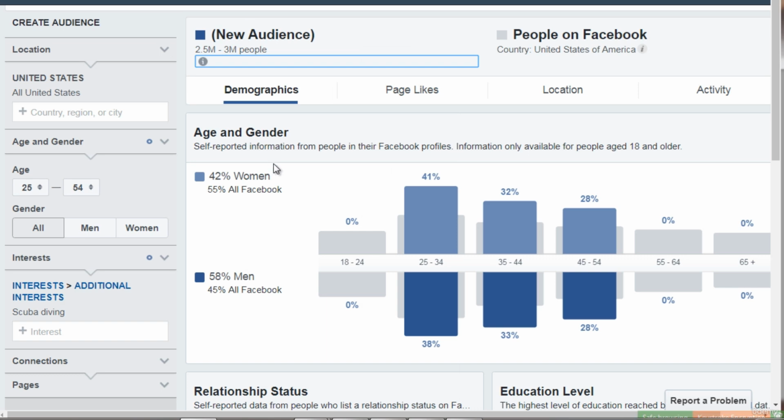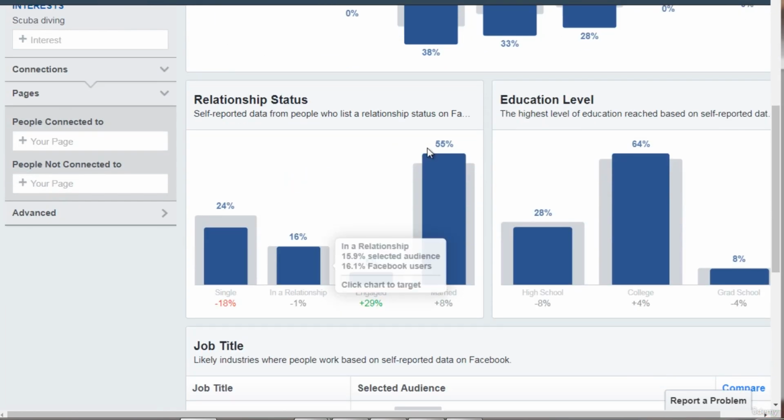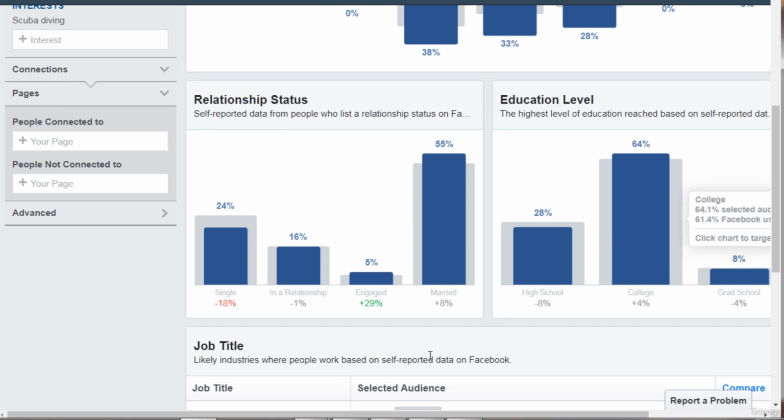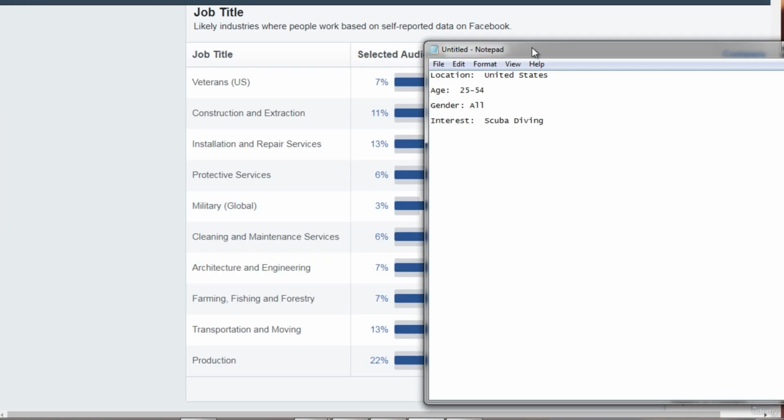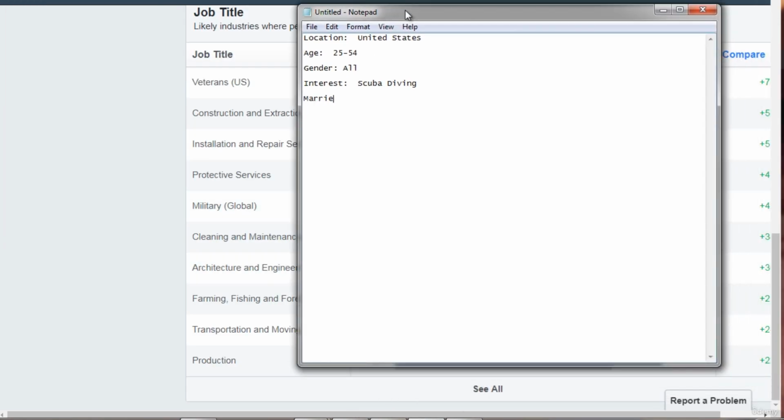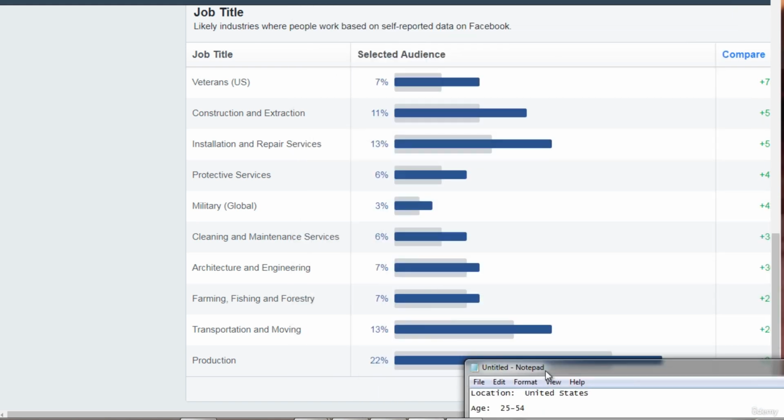All right, so scrolling down here, we have relationship status. The majority are married with a college level education. So married, say relationship, and education and job title. And remember, we see that the majority is production.